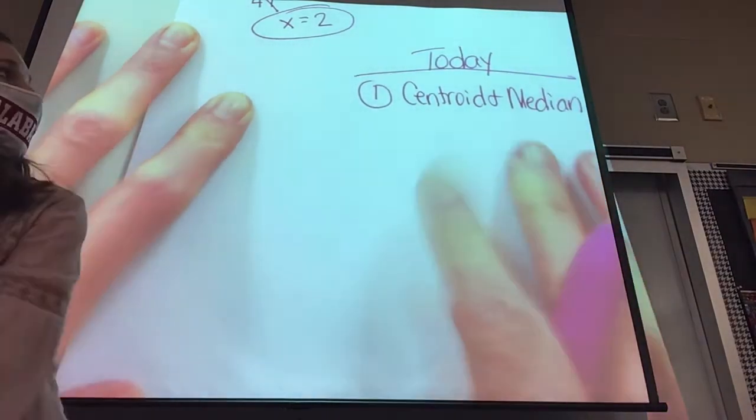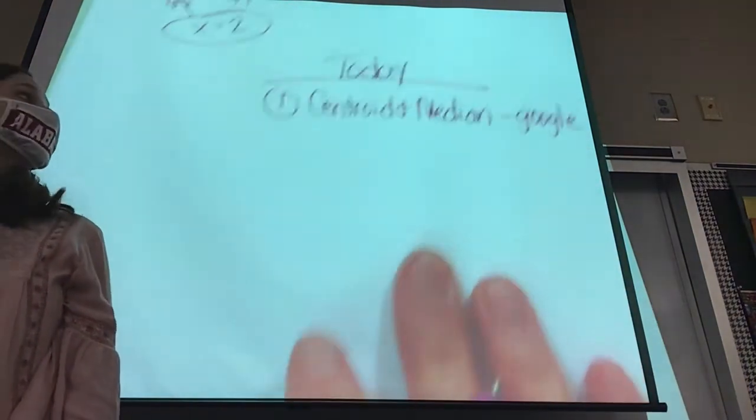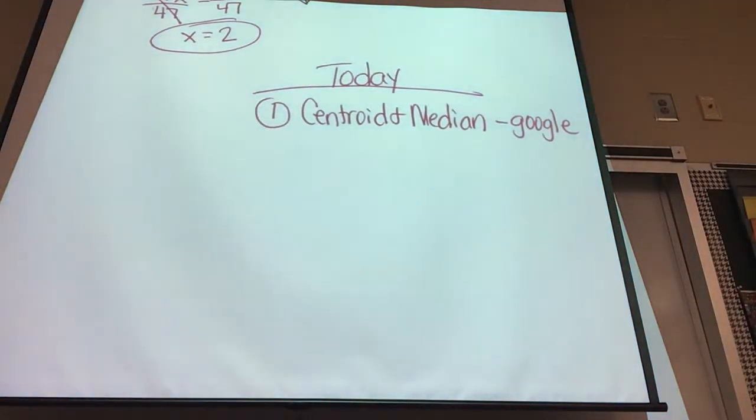That is already posted on Google, and it should already be waiting on you. Now again, it's a mixture of some things. You're going to need a sheet of paper because you are going to have to label the triangle at the top of the page.